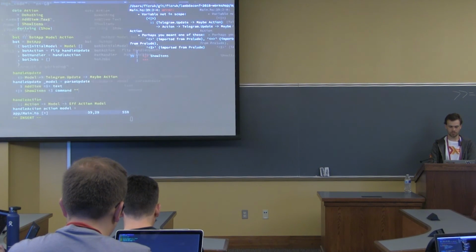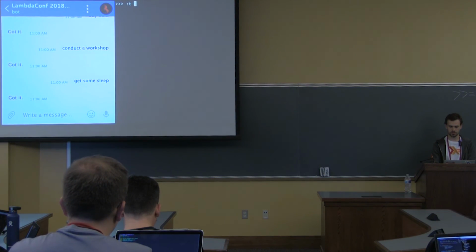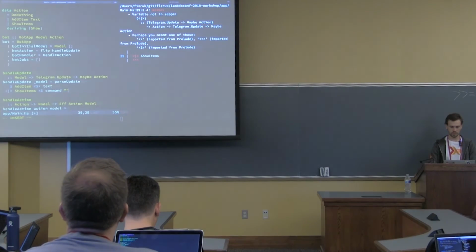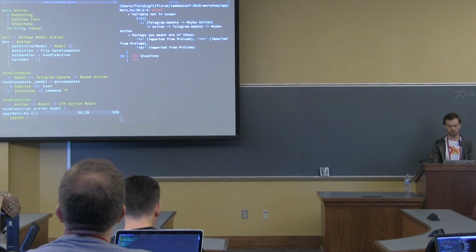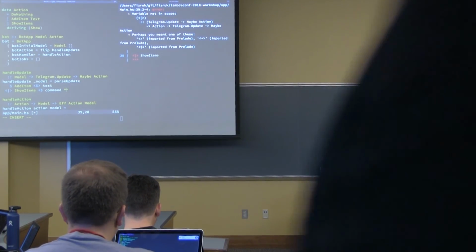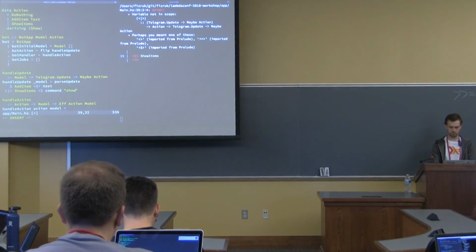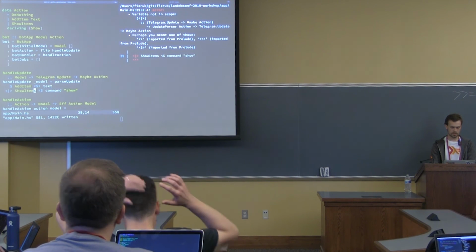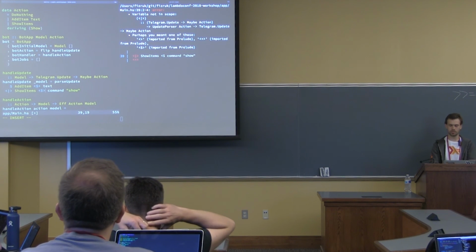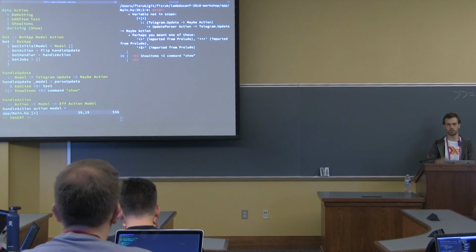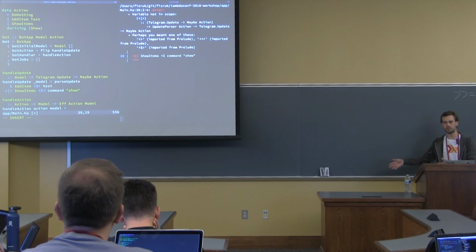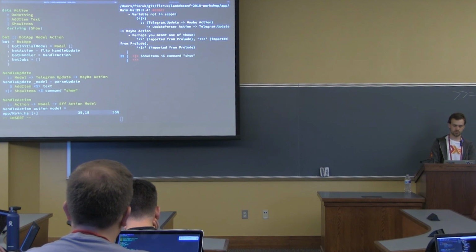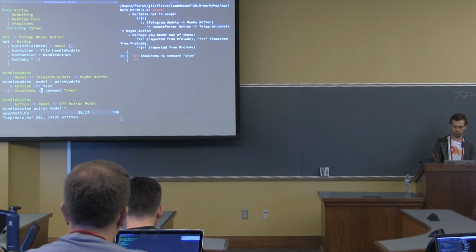A command is a combinator that takes the command name and creates an update parser that returns the rest of the string. So we want just command show, probably, right? And here we don't actually want the rest of the string. We want the command, but we are not interested in all the arguments to the command, so we just ignore them with this argument.